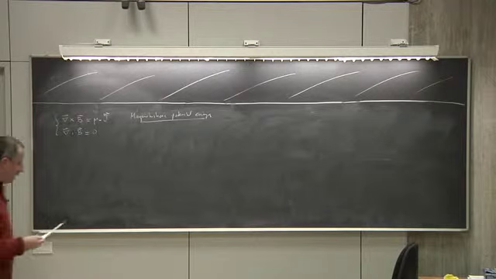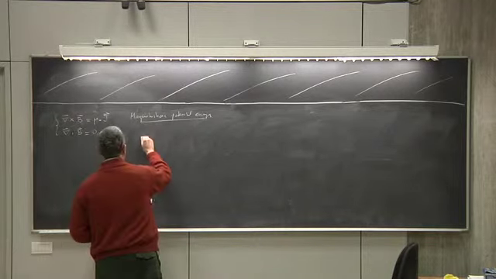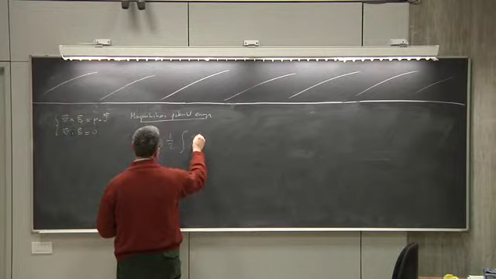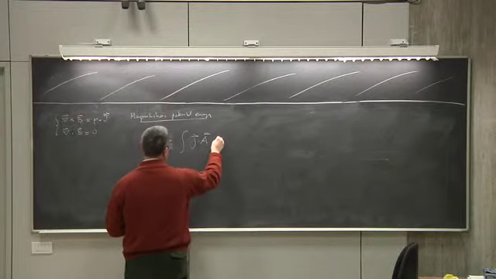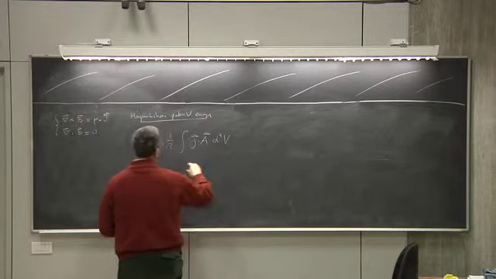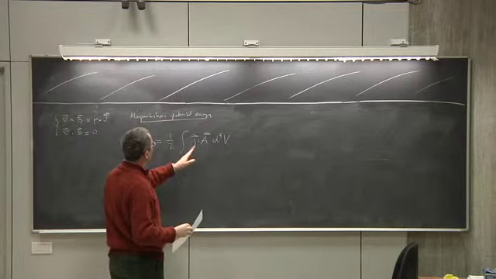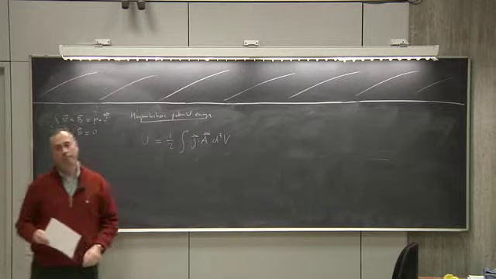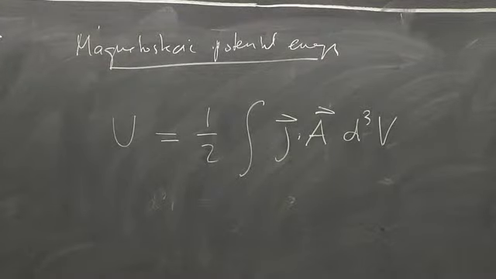So how about now the magnetic energy? It has to be a volume integral over some potential energy density that is the product of the current times the vector potential.